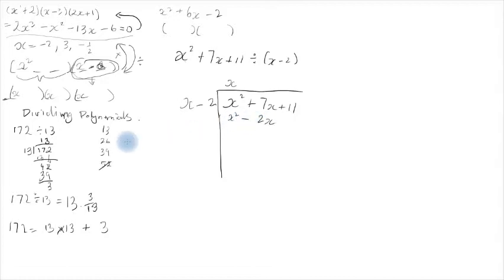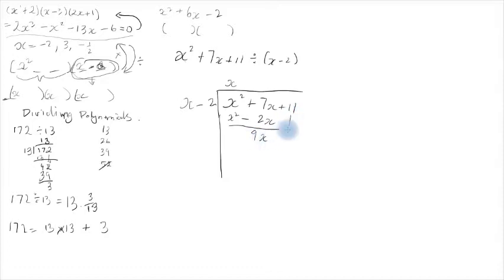So here 13 went into 17 one time with 4 left over. Similarly here, x minus 2 goes into x squared x times. We need to do a subtraction here. So x squared minus x squared is 0. 7x minus negative 2x is 9x. So we have 9x left over.